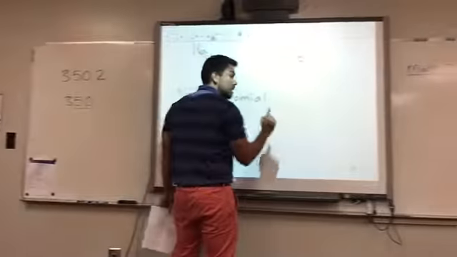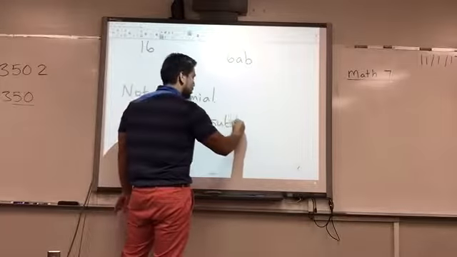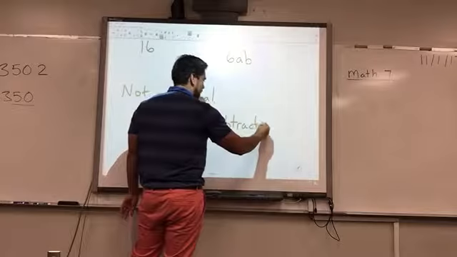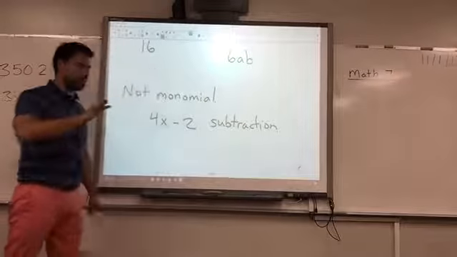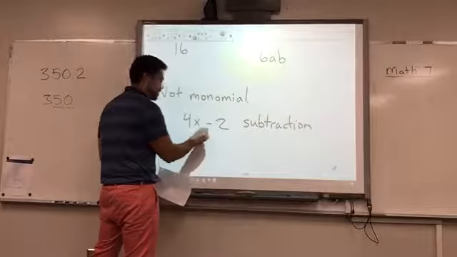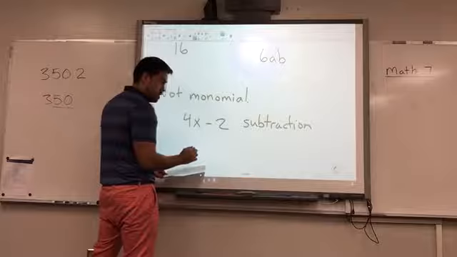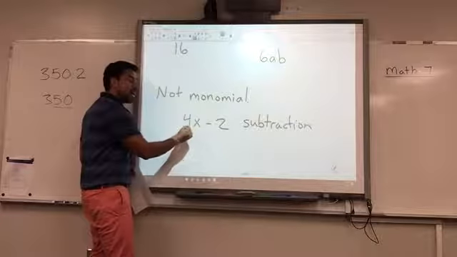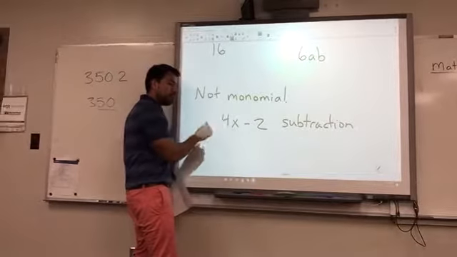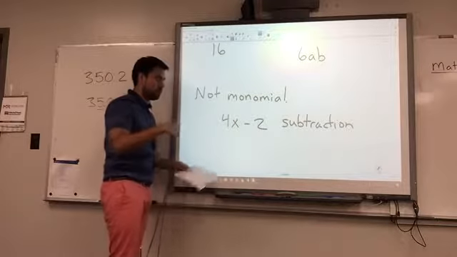Just because it has that subtraction sign. That's the only reason it's not a monomial. If it was just 4x, it would be a monomial. But now that it's 4x minus 2, it's not a monomial.